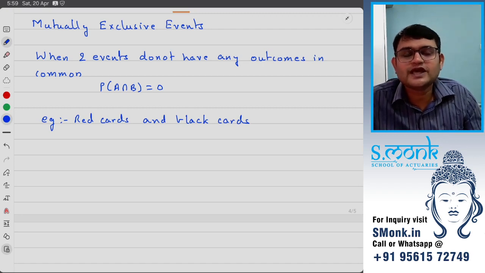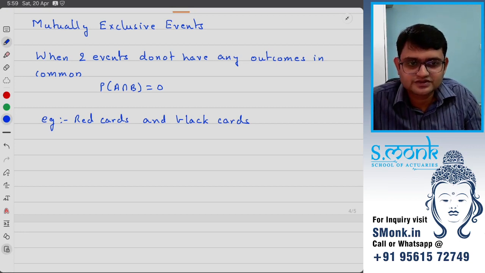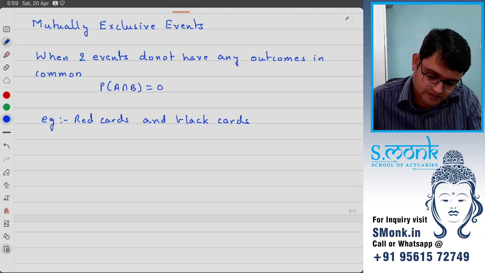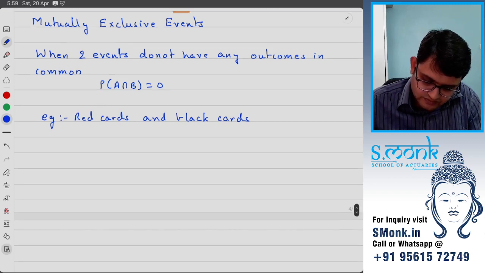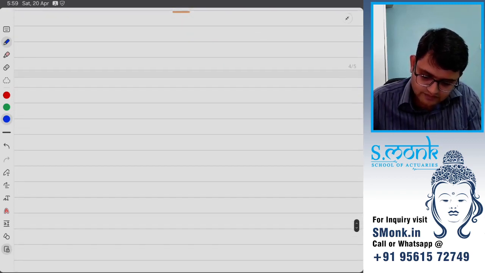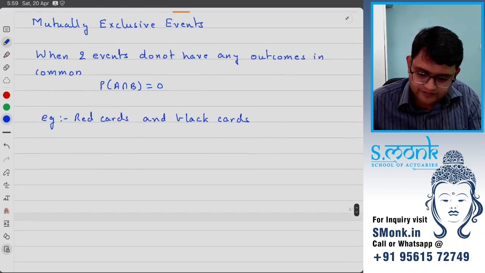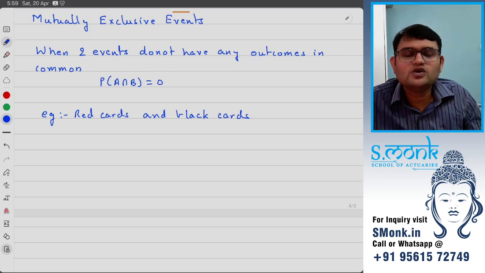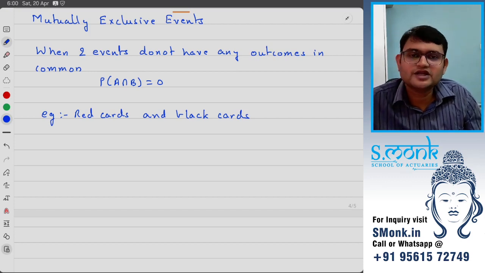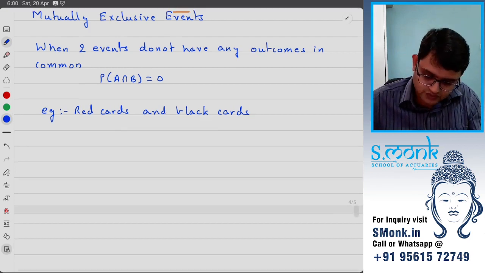They are mutually exclusive events. Okay. So if any two events do not have any outcomes in common, they are called mutually exclusive, and mathematically we'll say their intersection is 0.